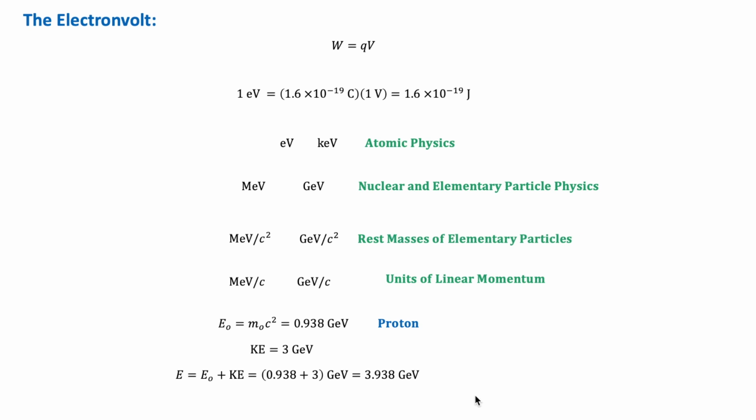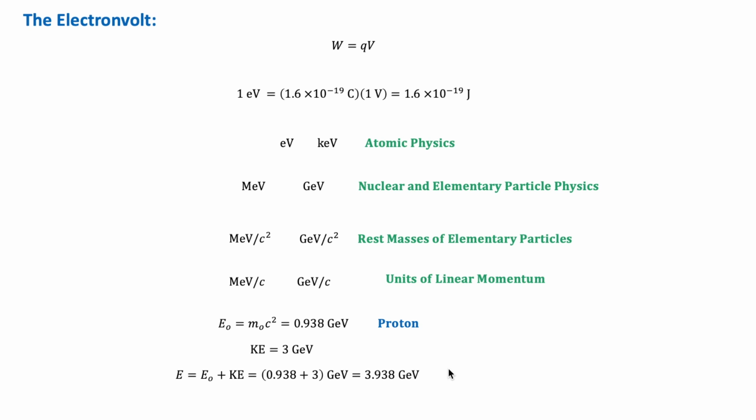For example, in nuclear fission, when the nucleus of a certain type of uranium atom splits into two parts, the energy released is about 200 mega electron volt. Also, the rest energies of elementary particles are usually expressed in mega electron volt and giga electron volt, okay? And the corresponding rest masses in mega electron volt over c squared and giga electron volt over c squared.